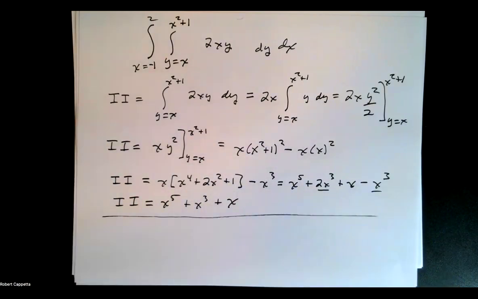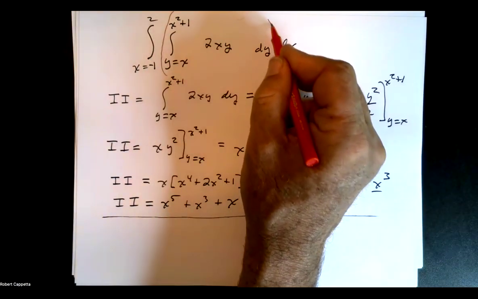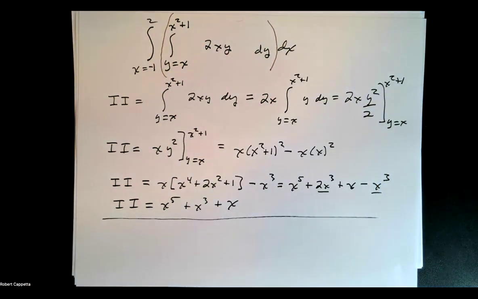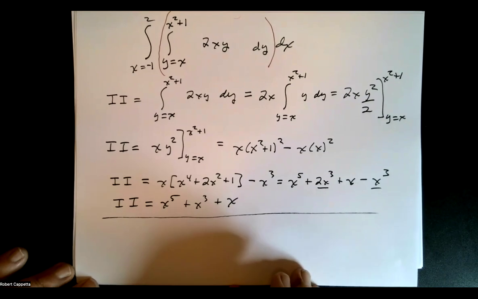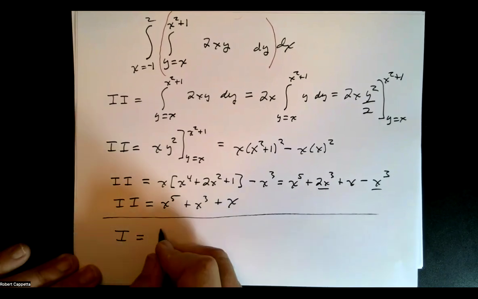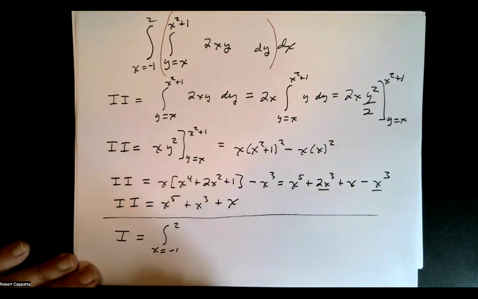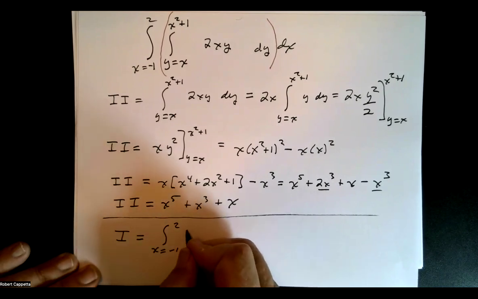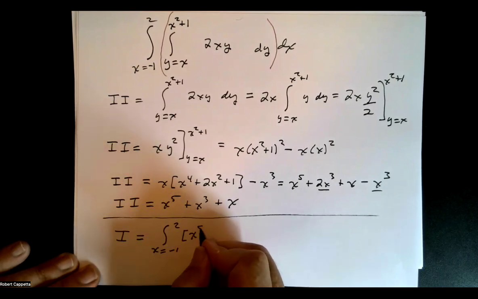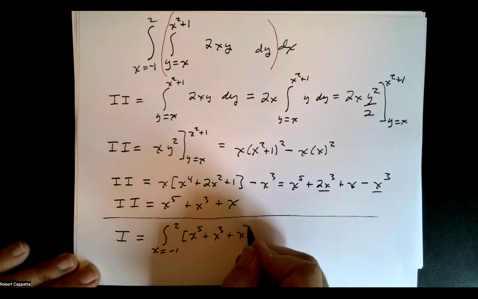Now, what does that replace? That is the entire inner integral. So that's this piece here. We replace what's in red with our inner integral to evaluate our integral. So our integral is simply going to be the integral as x goes from -1 to 2 of that inner integral, x to the fifth plus x to the third plus x.